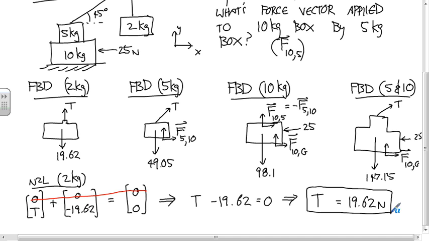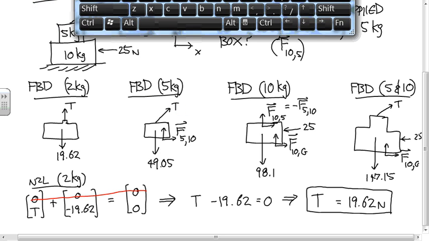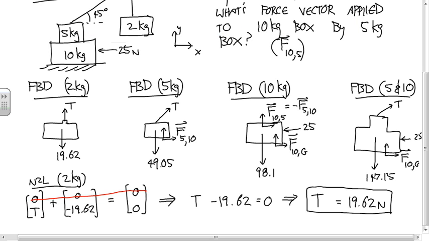Okay, so now we can take this extra information and put it in here. You don't have to draw a new free body diagram for this, but I'm going to do that extra step to try to be really clear. So this is our free body diagram.